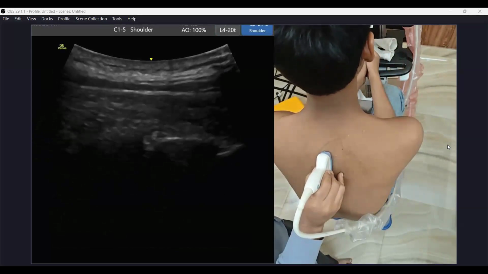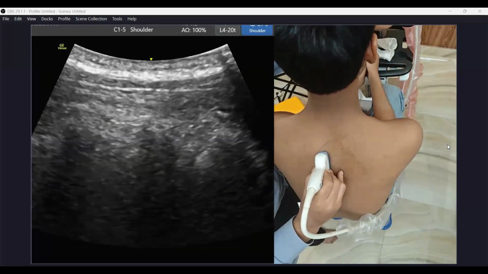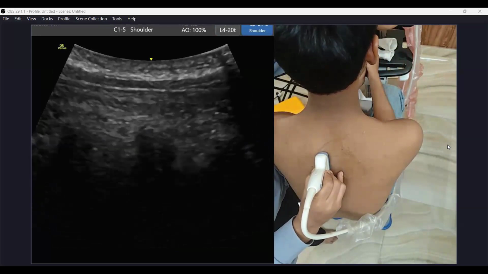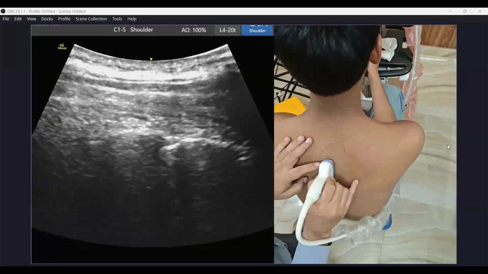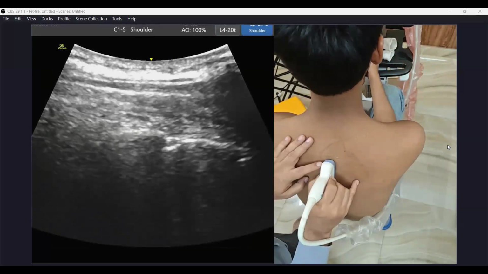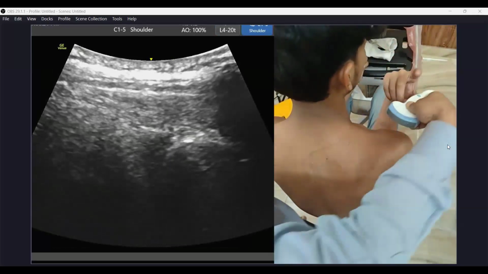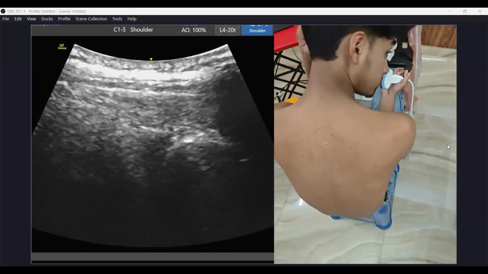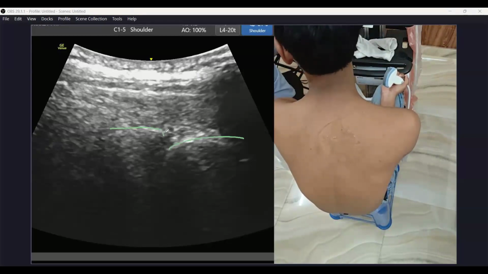Okay, so increase the gain. So this is the facet joint. Why is this the facet joint? You see, this is the lamina. Here you have to understand where the upper lamina ends and where the lower lamina starts, and then see the gap.